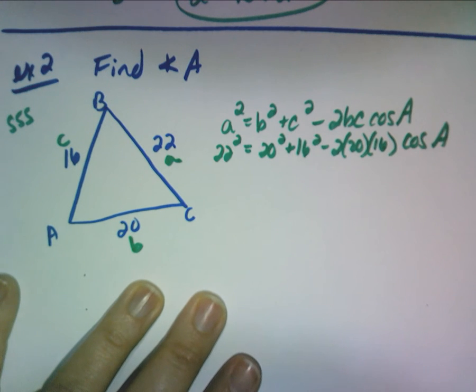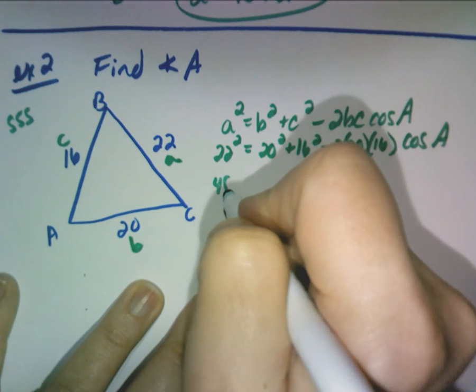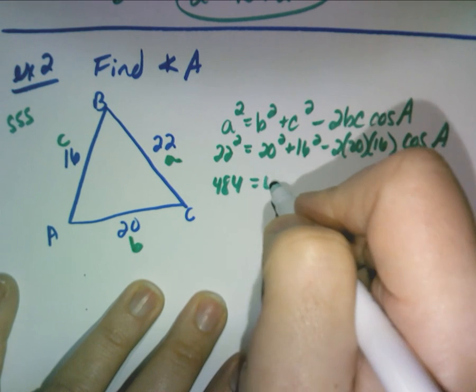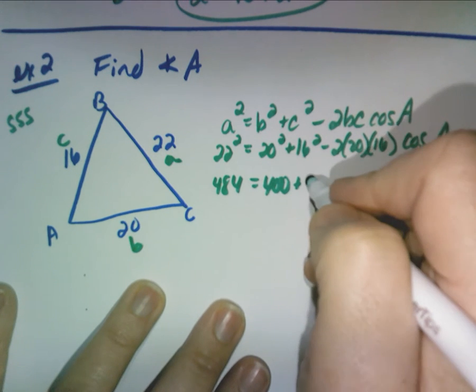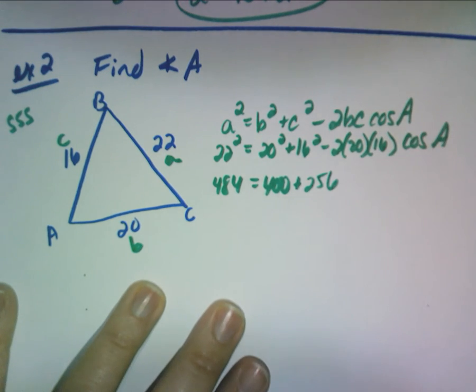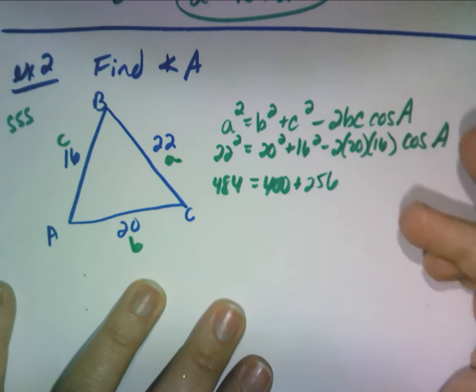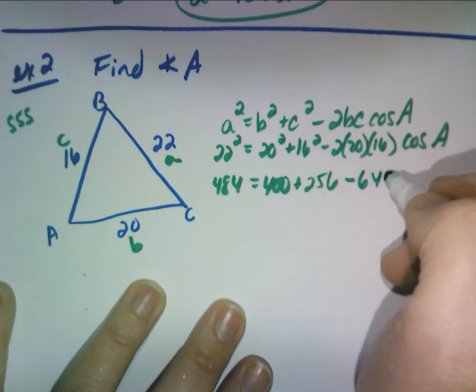You got to get what 22 squared is, which is 484. 20 squared is 400. 16 squared, anybody know what that is? 256. And then 2 times 20 times 16 is 640 cosine A.